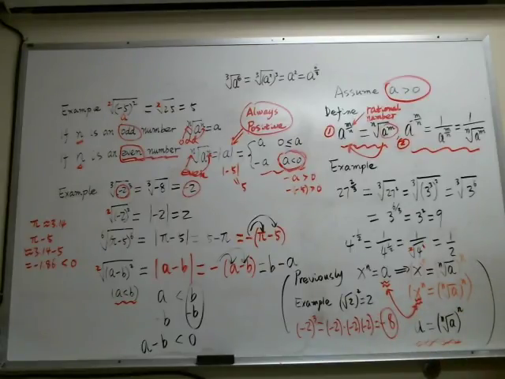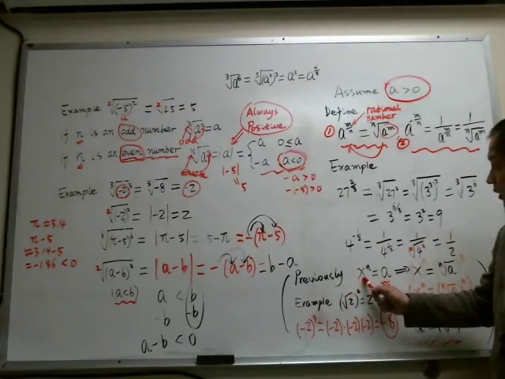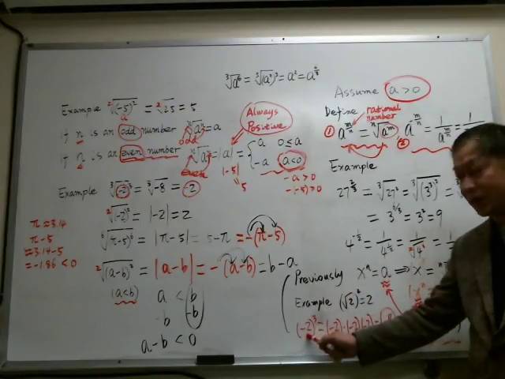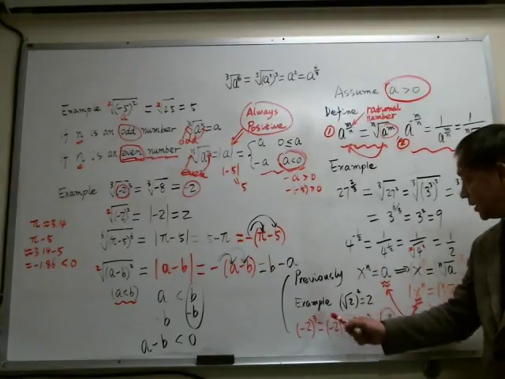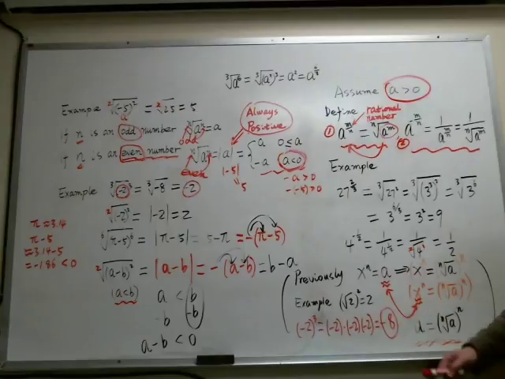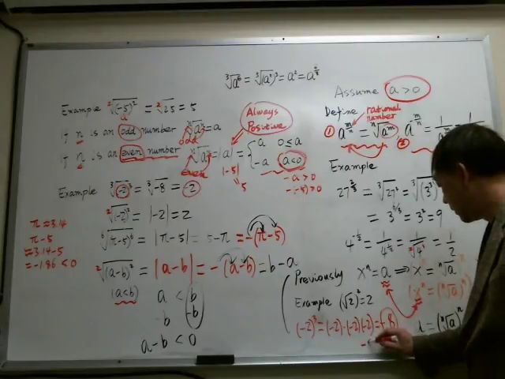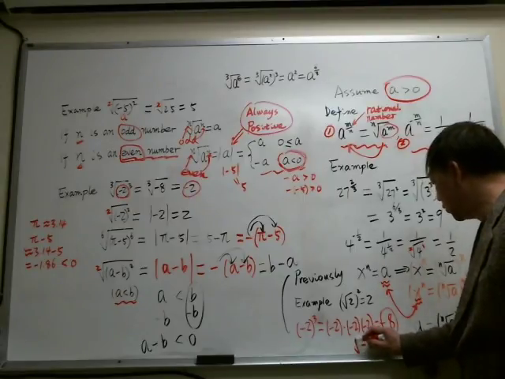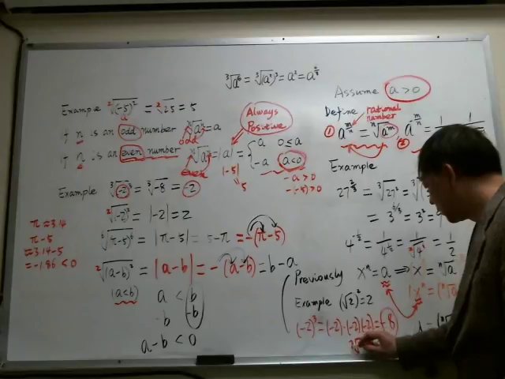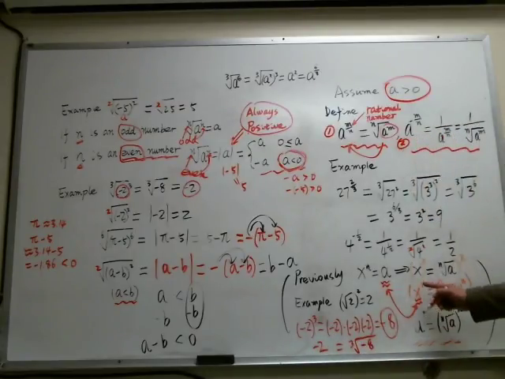Okay. Then x is like our negative 2 here, and a is like our negative 8. So then negative 8, you choose the cube root, you should have negative 2 by this definition.